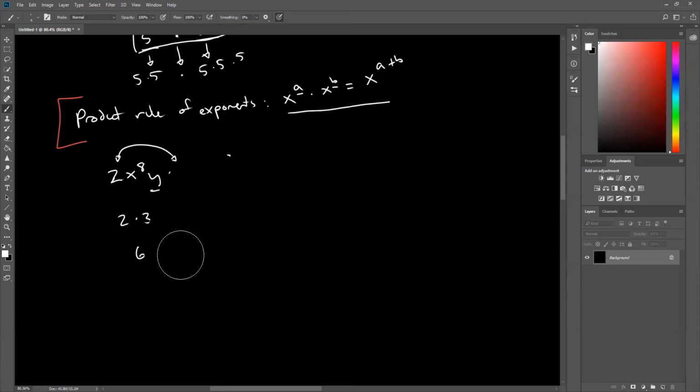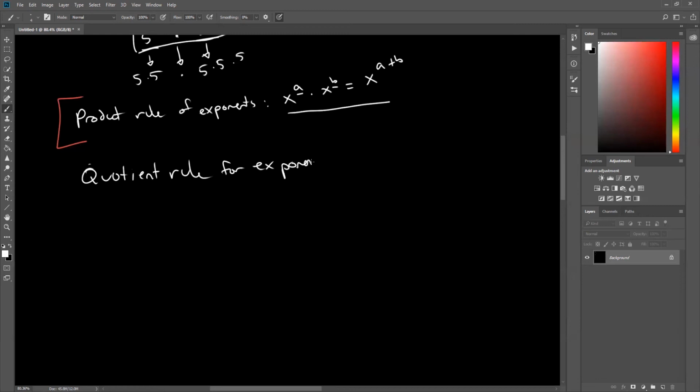So that's the first rule. The other rules are pretty similar, so we're not going to have as many examples. Our next rule is going to be the quotient rule, also called the division rule. It's basically the reverse of this.